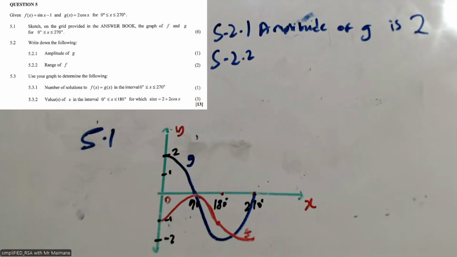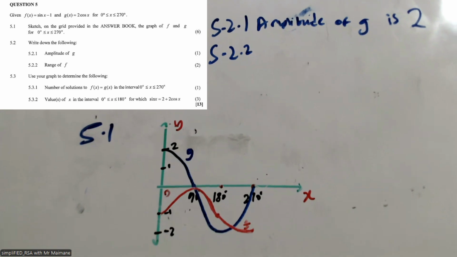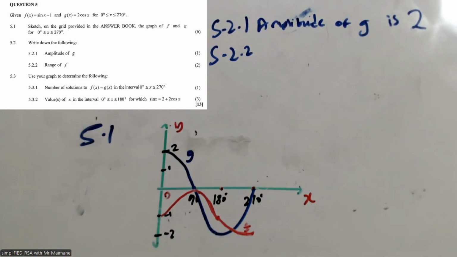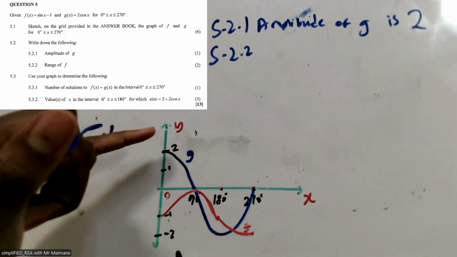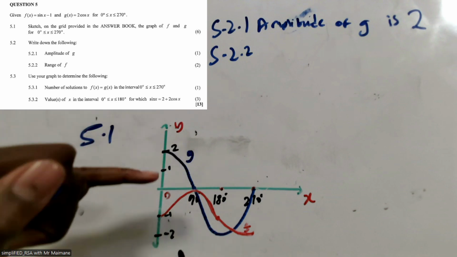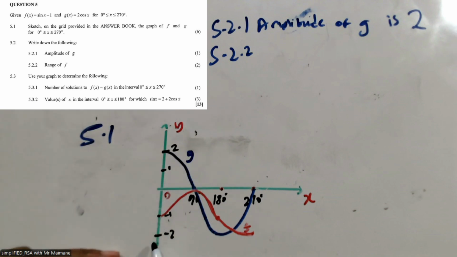5.2.2, we have to determine the range of f. If we're looking at the range, we're looking at the limitation on the y-axis. So the range of f goes from -2 up until 0.